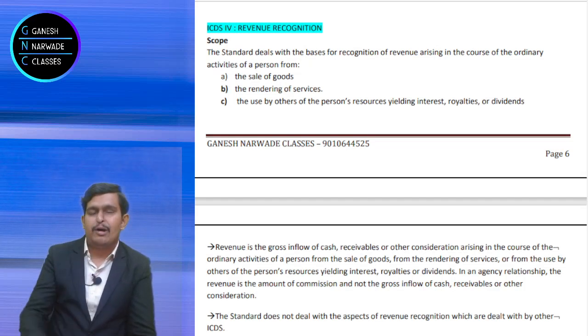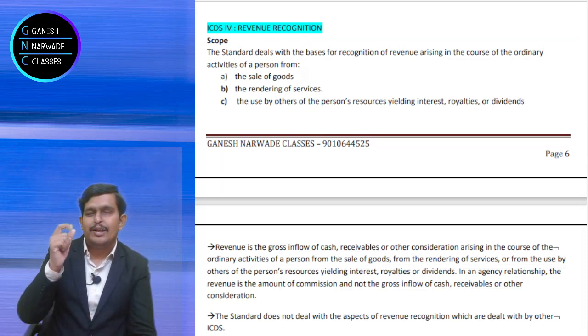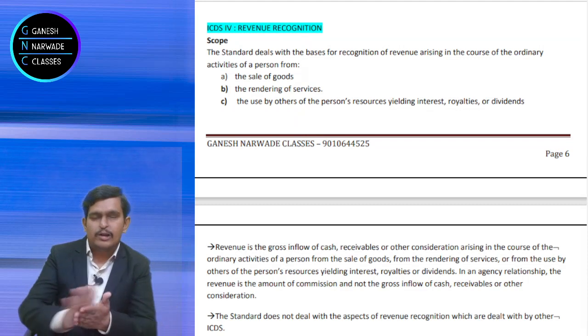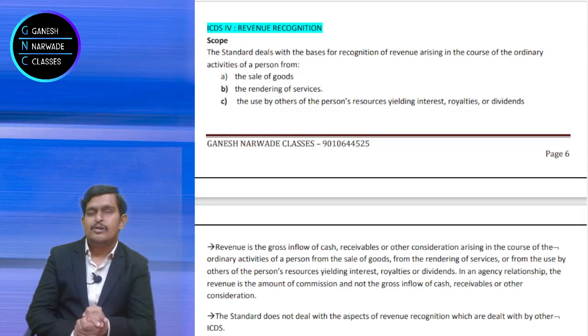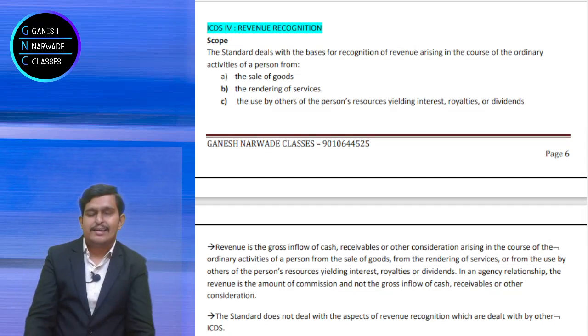Suppose I take an LIC policy from an LIC agent. If I pay the premium amount, it is not revenue for the LIC agent. The commission he receives is the revenue. So understand, generally it is the gross inflow of cash, receivables or other consideration. But when it comes to commission agents, the gross inflow is not revenue. Revenue is the commission received by the agent. Fix it in mind. Okay, shall we go forward?